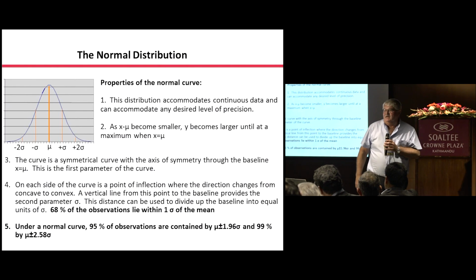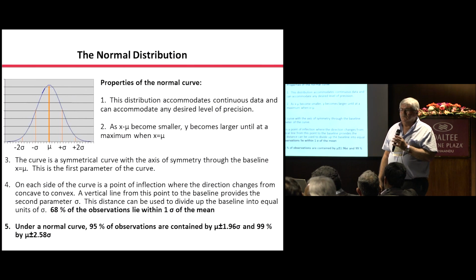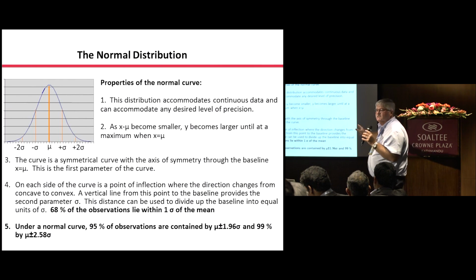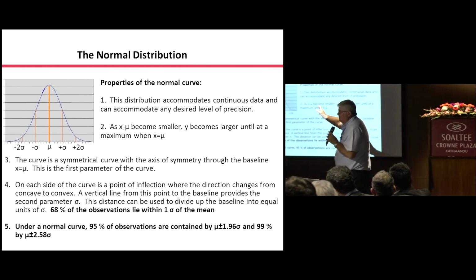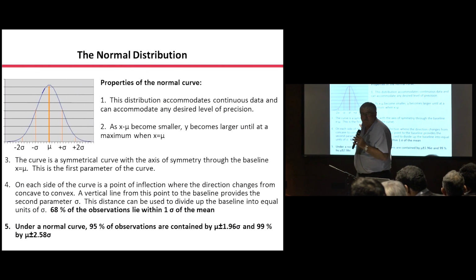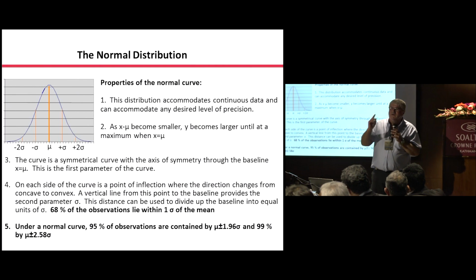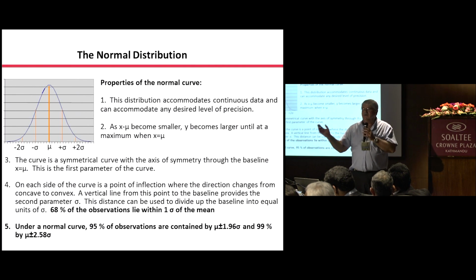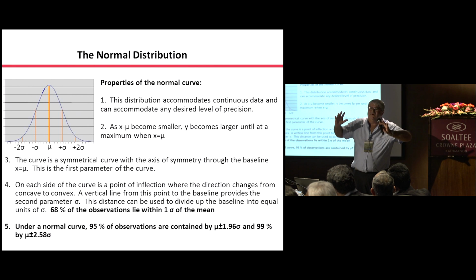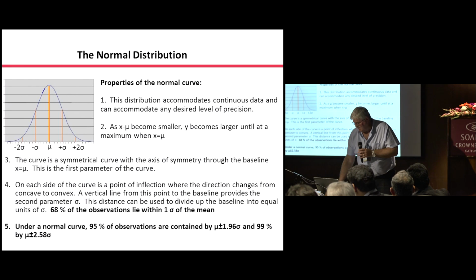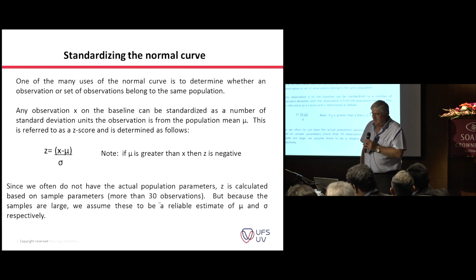Okay? So that 1.96 that we use in a t-table is not a magic number. It's based on the variation within a population. Okay. So if I go 1.96 times the standard deviation on the other side of the mean, I've included 95% of the population. Again, that's an important statistic when it comes to measuring populations.